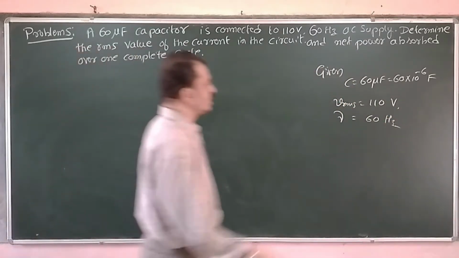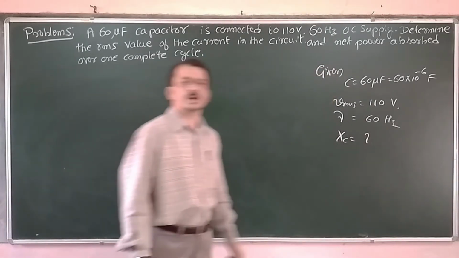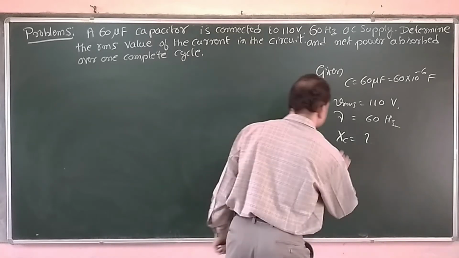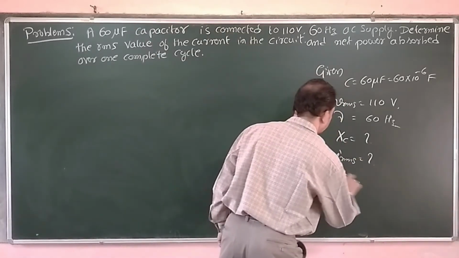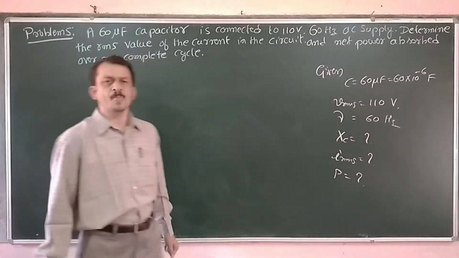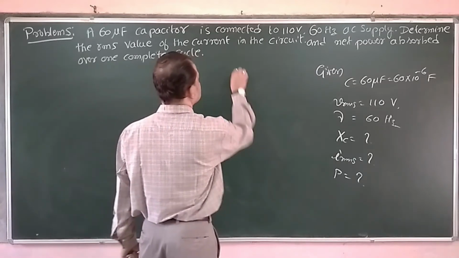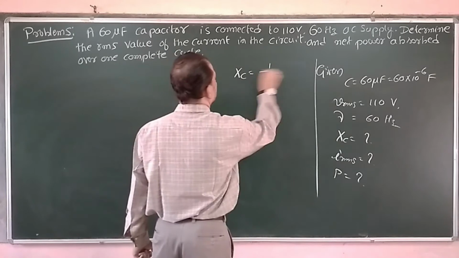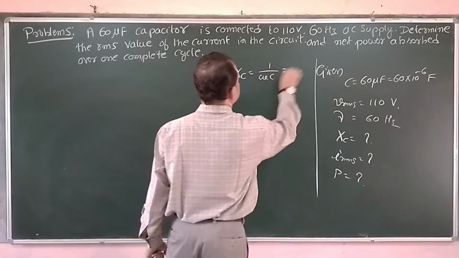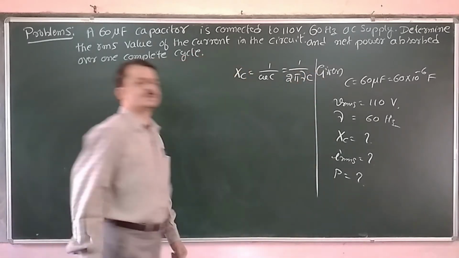Determine the RMS value. First we have to calculate the capacitive reactance. From that, the RMS value of the current we have to work out, and the average power dissipated over one complete cycle. Very simple problem. Now capacitive reactance, Xc is given by 1 upon omega c, that is equal to 1 upon 2 pi nu c.